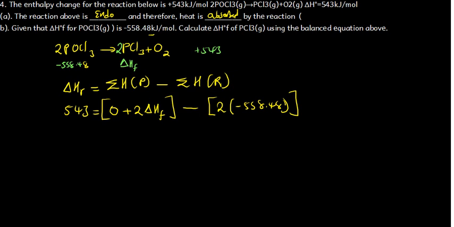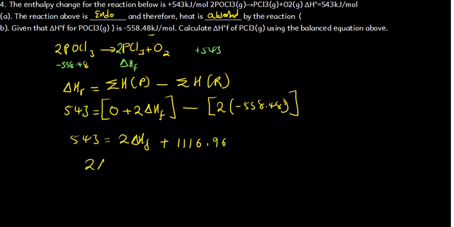Now this is going to give us 543 being equal to 2 times the heat of formation, and then let's multiply 2 times 558.48. But this is a negative and this is also negative, so that is going to become positive 1116.96. I'll take this value to the other side.